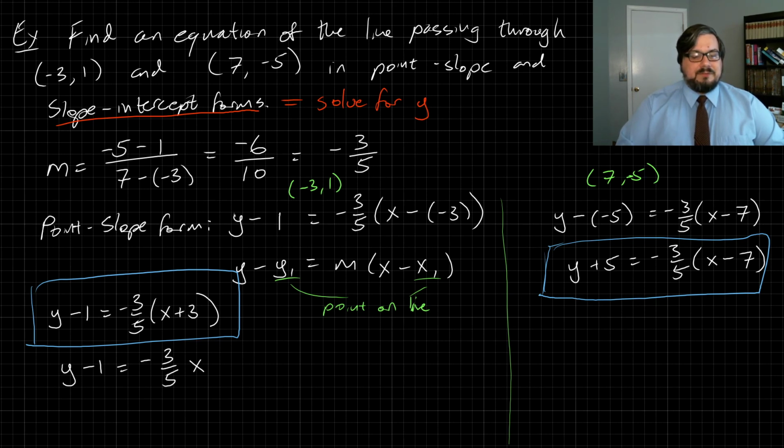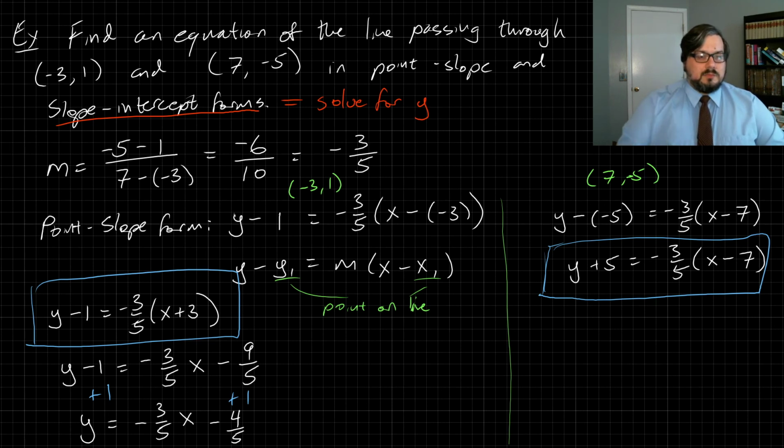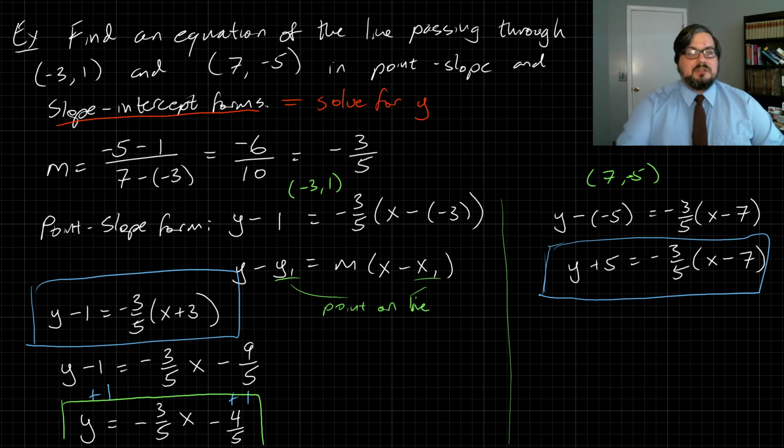We get negative 3/5 x, and then negative 3/5 times 3 gives us negative 9/5. Now, if I add 1 to both sides, we'll get y is equal to negative 3/5 x, negative 9/5 plus 1. 1 is 5/5, so this will be negative 4/5. So we get the slope-intercept form of the line over here on the left.